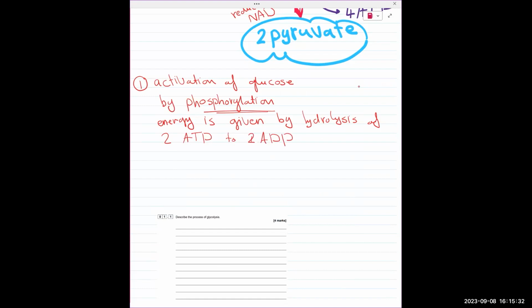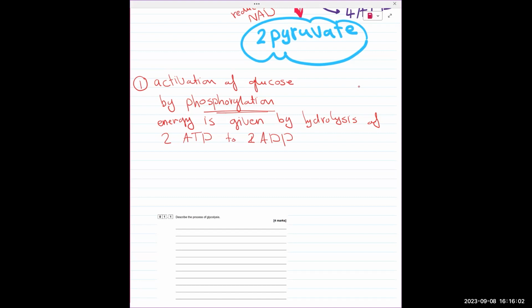This reaction also needs enzymes, which is ATPase enzyme to make that hydrolysis. So energy is given by hydrolysis of the ATP into 2 ADP, and we use the 2 molecules. Is it clear? Why is it called phosphorylation? Because there is addition of 2 phosphate groups to the glucose molecule.